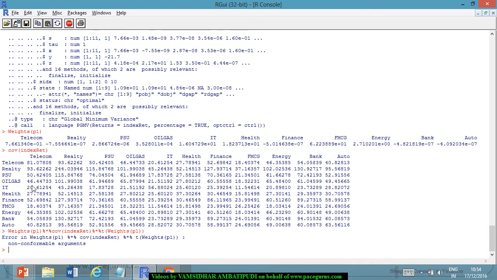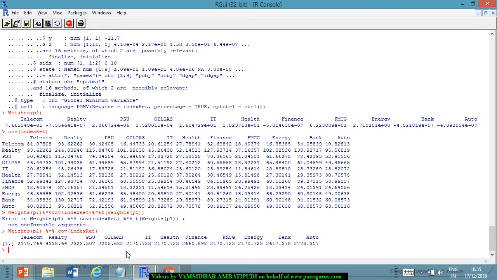So this is giving me a non-conformable argument. This is a 1 by 11, this is 11 by 11. 1 by 11, and the transpose of this should give me 11 by 1. So first let me do only up to this. So this is becoming 1 by 11. This number I multiply with the transpose of this.